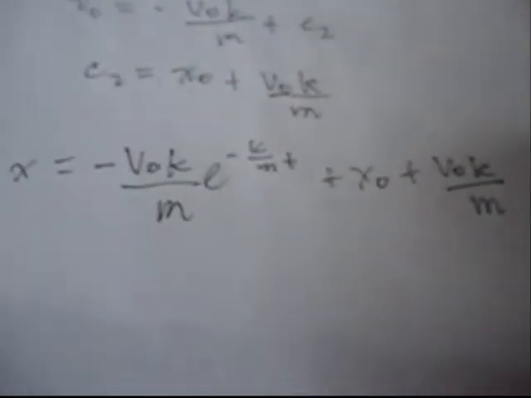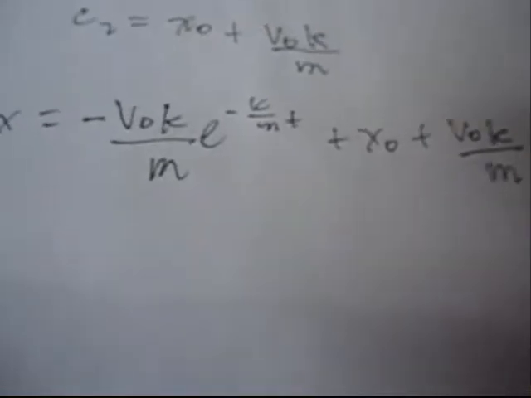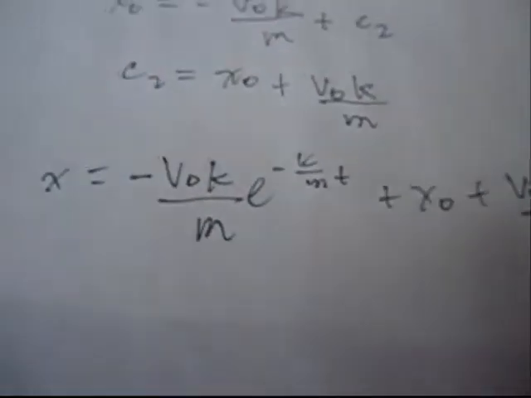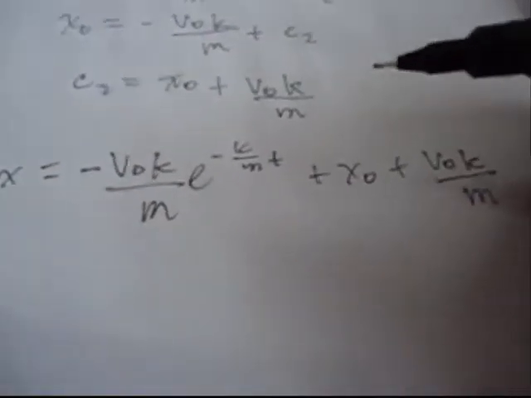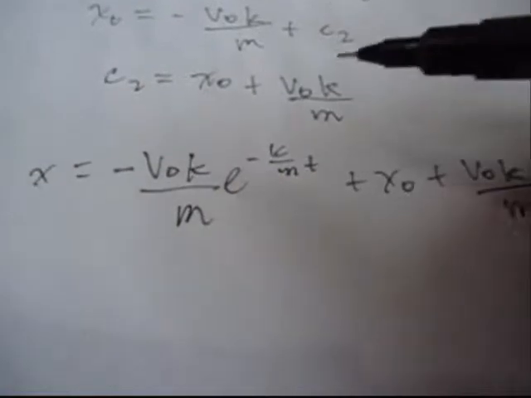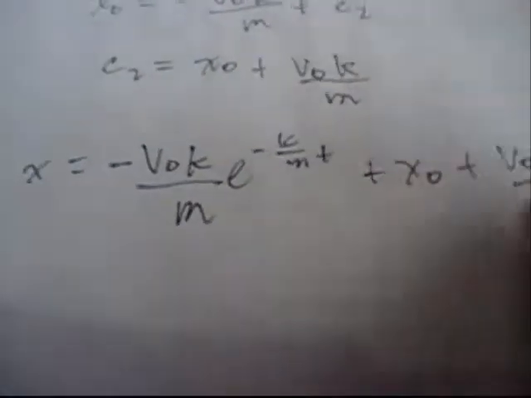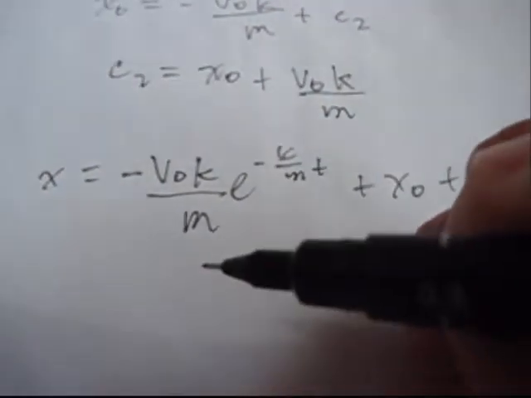Then, since we are to find the limiting position approached by the particle, it means the position of the particle as t approaches infinity.